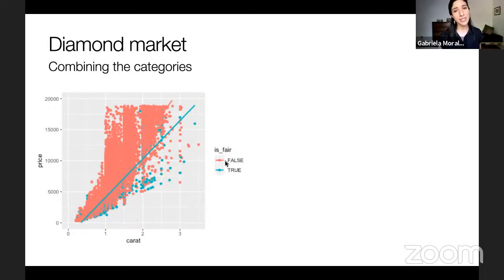And if it's false, then it will be this salmon color. So you can actually separate those two if you think this is relevant, because as you saw before, most of the categories behave this way and ideal behaves this other way. So you can do this, and this is meaningful.